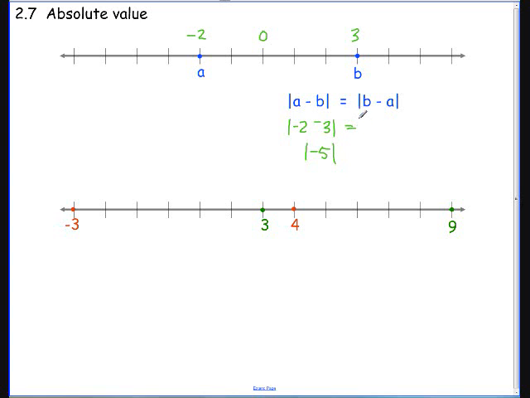Over here, the absolute value of 3 minus a negative 2 is going to be the same as 3 plus 2, absolute value of 5. And both of these are equal to 5. And we see that right here: 1 unit, 2, 3, 4, 5. These are 5 units apart. So the distance between these two is 5.